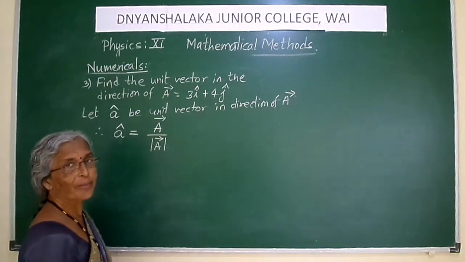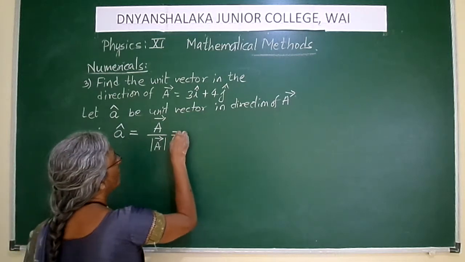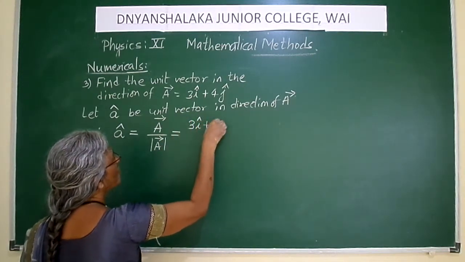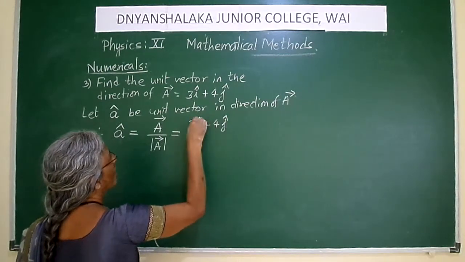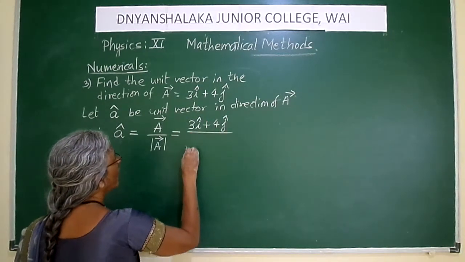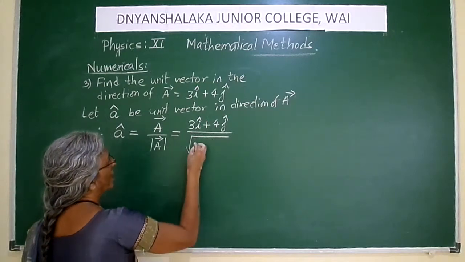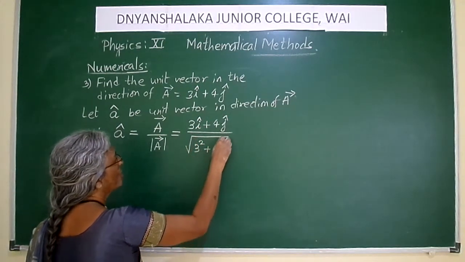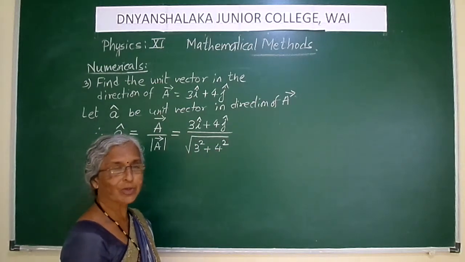This is the formula. So that will be equal to vector A, which is given as 3i plus 4j, upon the magnitude of this vector A. It will be given as square root of 3 square plus 4 square. Am I right, students?